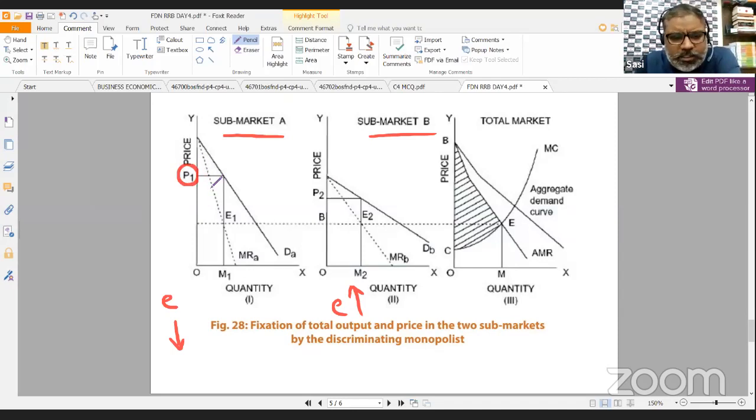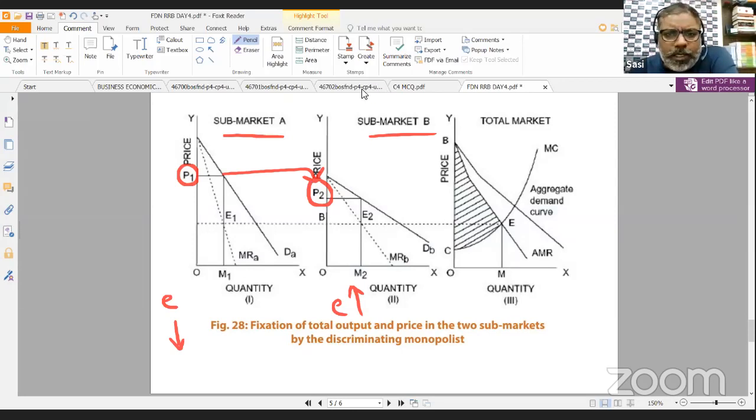They are okay with higher prices. The price elasticity is lesser in submarket A, so charge more price there. Where the price elasticity is more, you charge a lower price. So compared to P1, definitely P2 is lesser. So charging a higher price in submarket A and a lower price in submarket B is the strategy that a monopolist follows.